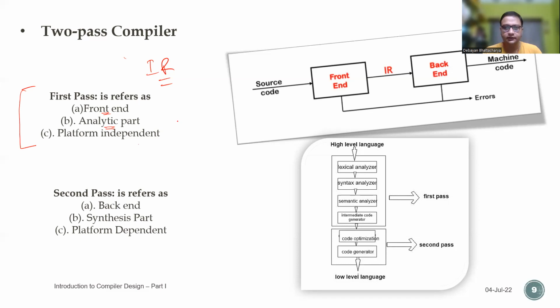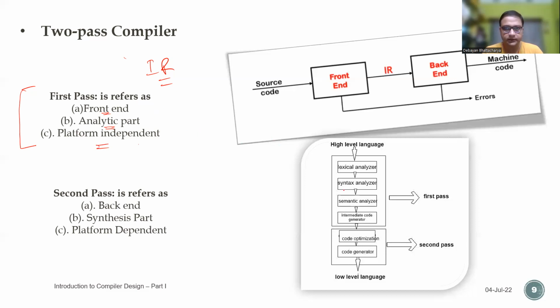After that, the compiler tries to analyze whether the instructions written in the high level language are meaningful or not. By analyzing all these parts, it generates an intermediate representation or intermediate code which is platform independent. So this part is called the analytical part or analysis part. So this is the first phase of any compiler.